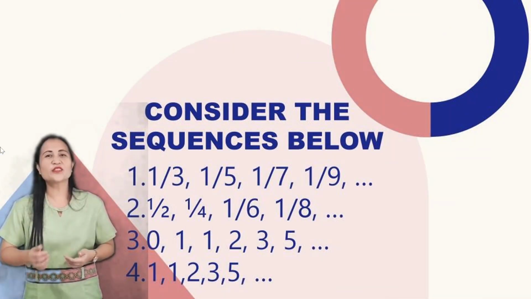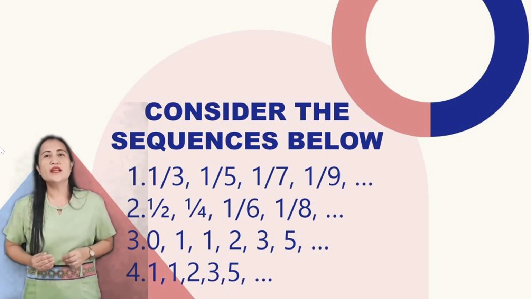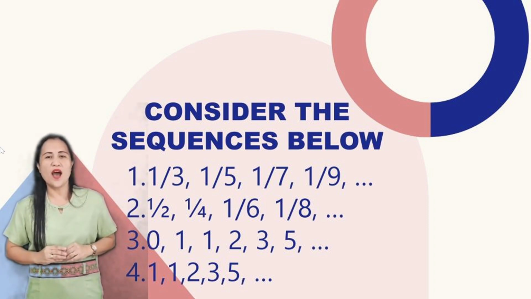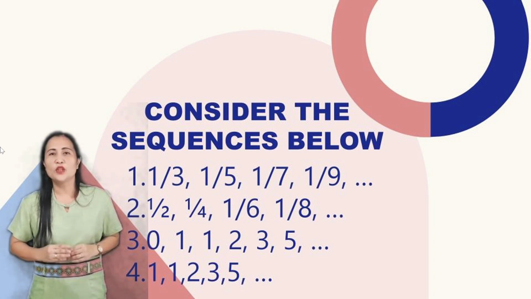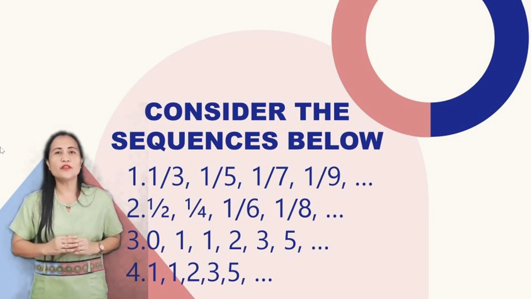Now, let's go back to examples 3 and 4 given earlier. We have 0, 1, 1, 2, 3, and 5. And we have 1, 1, 2, 3, and 5. Do we have a pattern? Yes, we have a pattern. And what is that pattern?